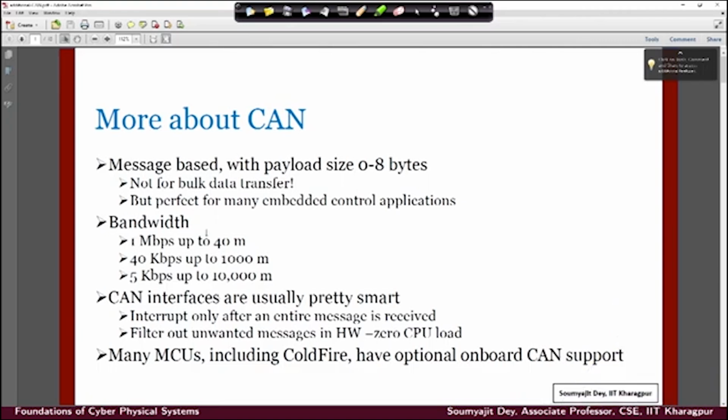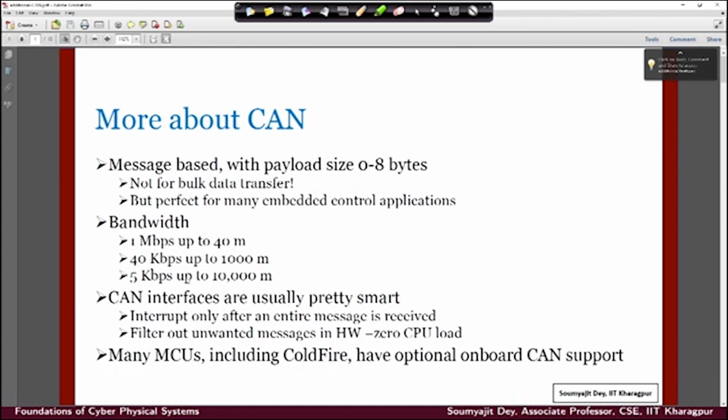Now, of course, the bandwidth has a limitation on the cable length. We can understand that from simple physics. So, if you want 1 Mbps speed, your cable end-to-end length should be within 40 meters.